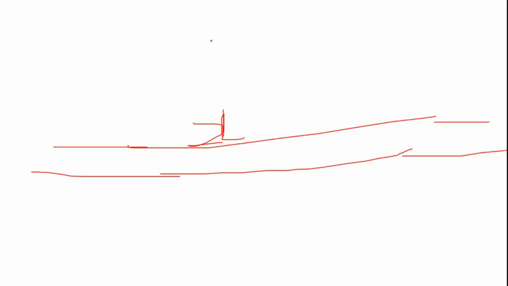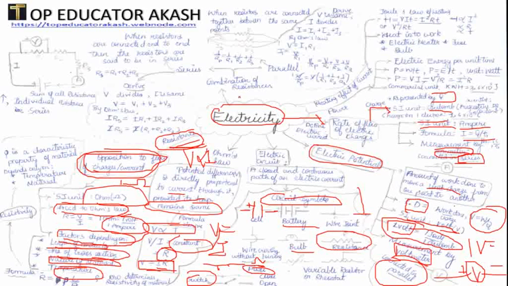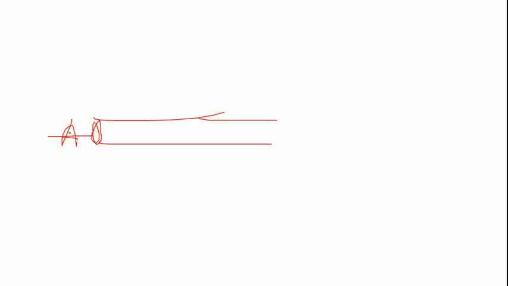Now if I take one more conductor, and its area of cross section is A, and if I increase the area of cross section, let us make it 2A, then the resistance will decrease.